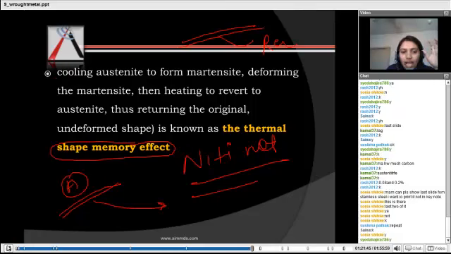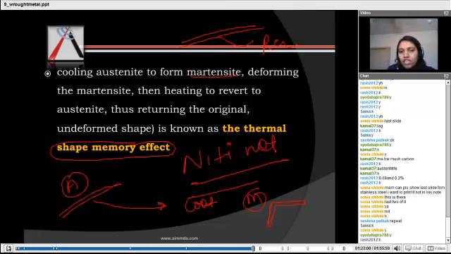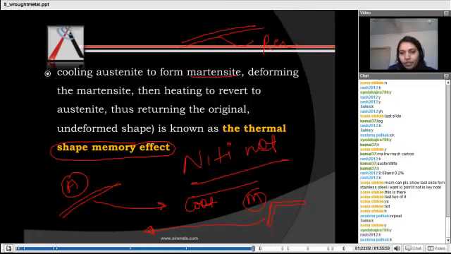Yeah. See, we have a wire. This wire is in austenite form. Now when we cool this wire, it gets converted into M form or martensite form. In the cool stage, we deform the wire, and we make a certain appliance or whatever. Now we put it back in the oral cavity.